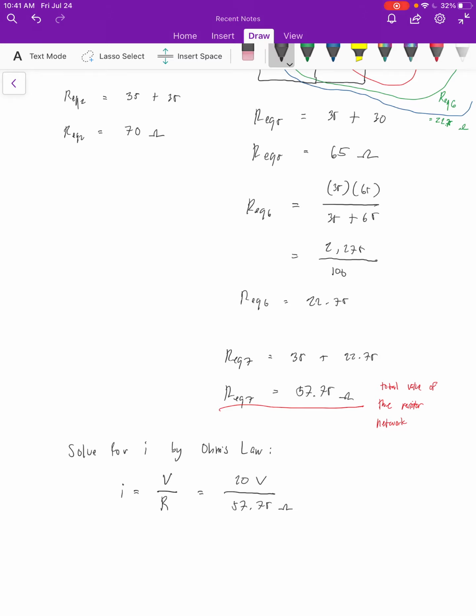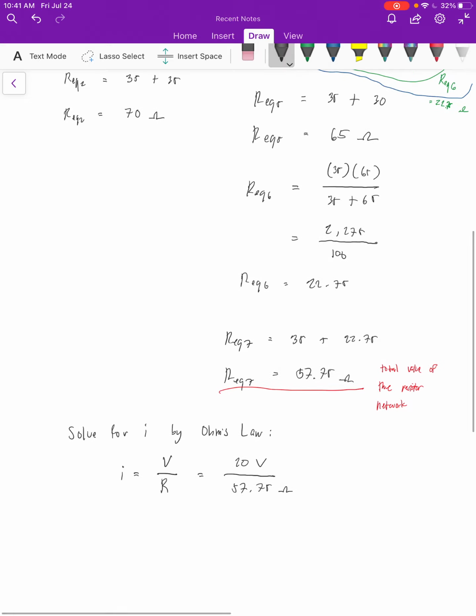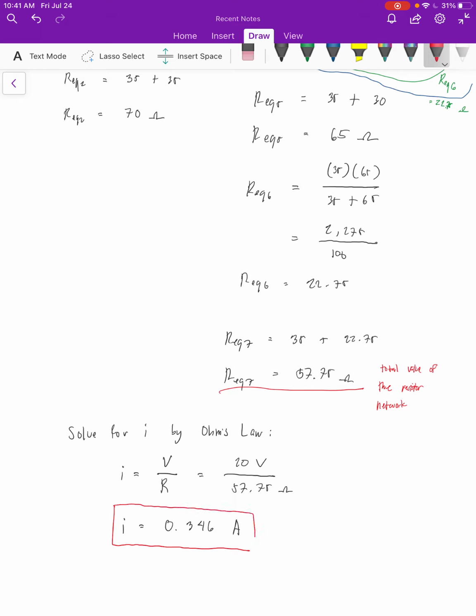So 20 divided by 57.75, our current would be equal to 0.346 amperes. So that's a very small amount of current, and that's our final answer.